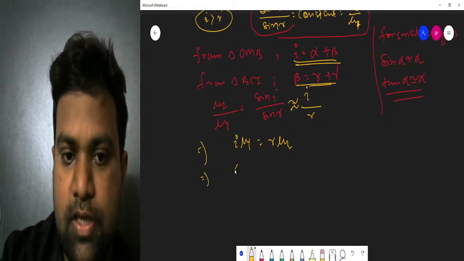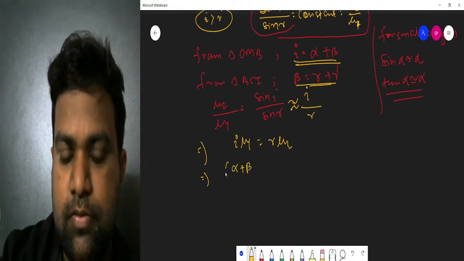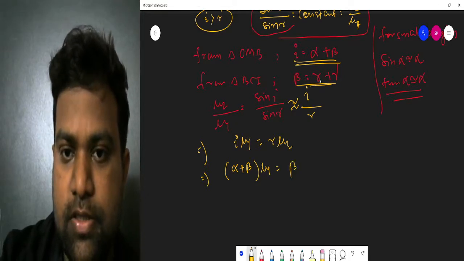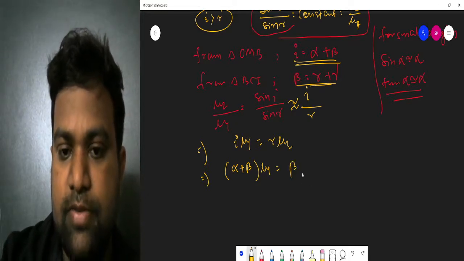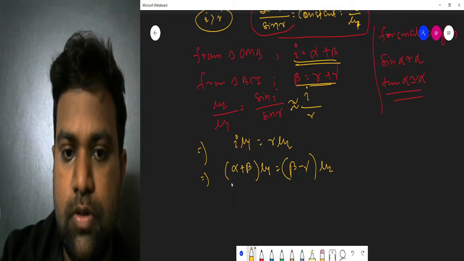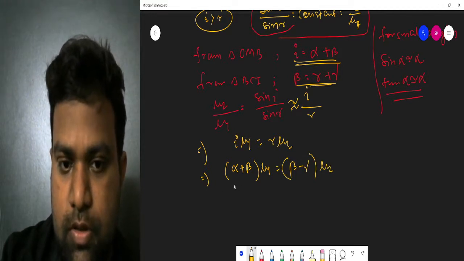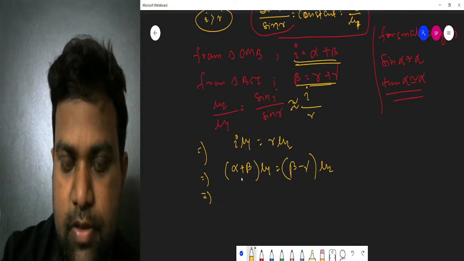I is alpha plus beta mu 1 equal to R, bring gamma to the left side, so gamma mu 2, right? So this is what you got, or you can simplify a little bit.